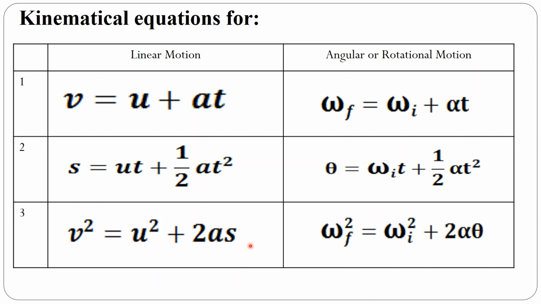Okay, so let's see the third equation, v square is equal to u square plus 2as, that is, final linear velocity square is equal to initial linear velocity square plus 2 times linear acceleration into linear displacement. In angular motion, final angular velocity square is equal to initial angular velocity square plus 2 times angular acceleration into angular displacement.